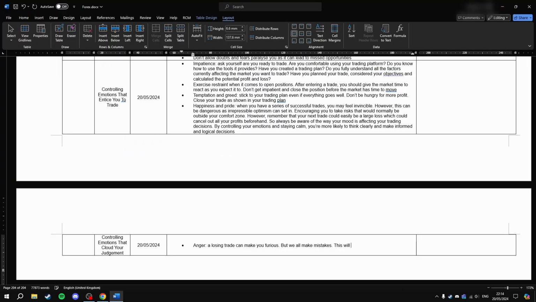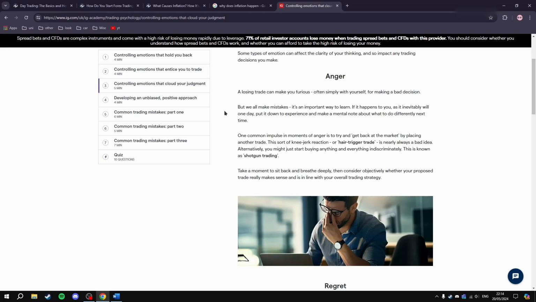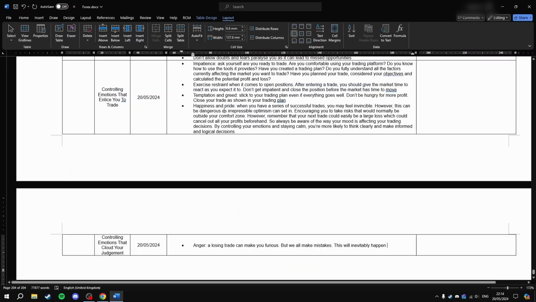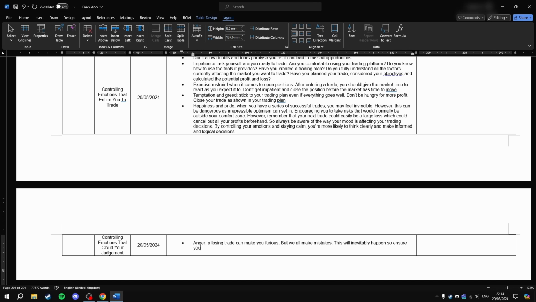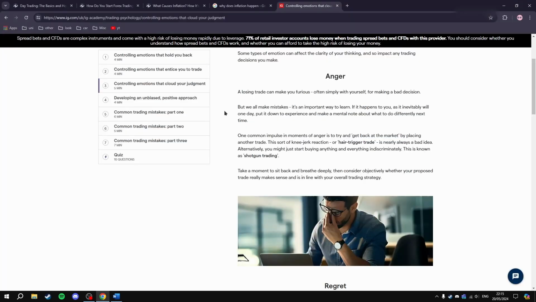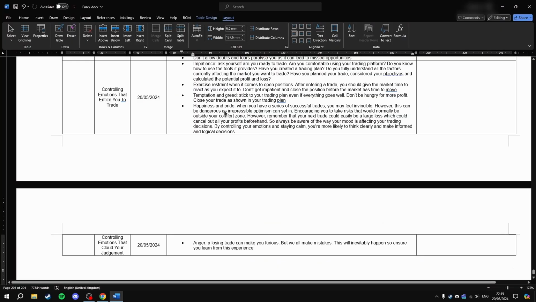This will inevitably happen, so ensure you learn from this experience and think about what you can do differently next time.